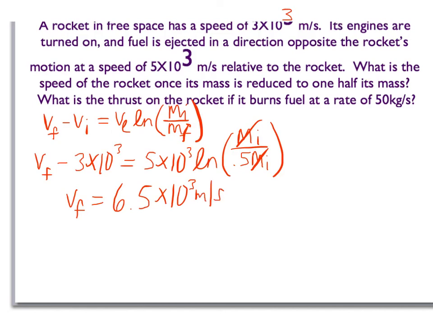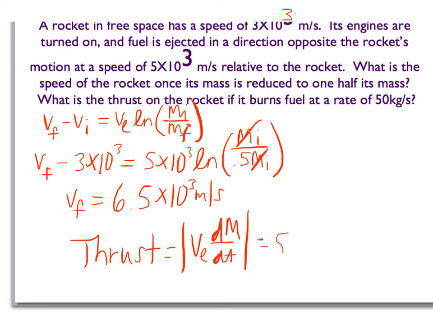The second question asks you, what is the thrust force on this rocket if it burns fuel at a rate of 50 kilograms per second? Remember from the last slide that thrust is equal to the absolute value of the exhaust velocity times dm/dt.